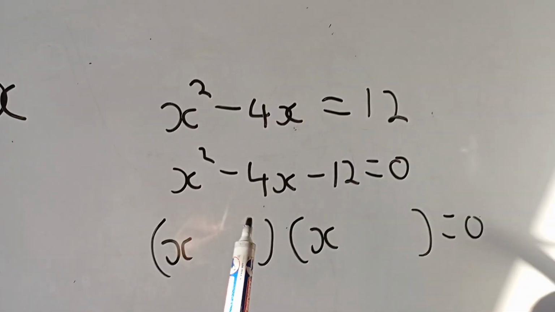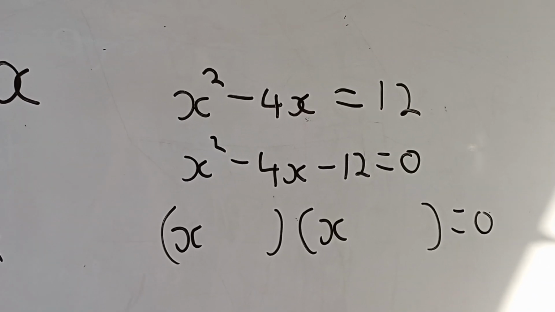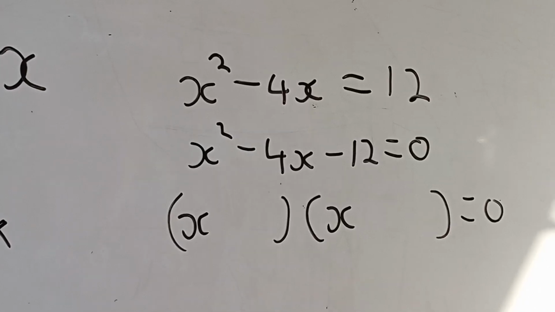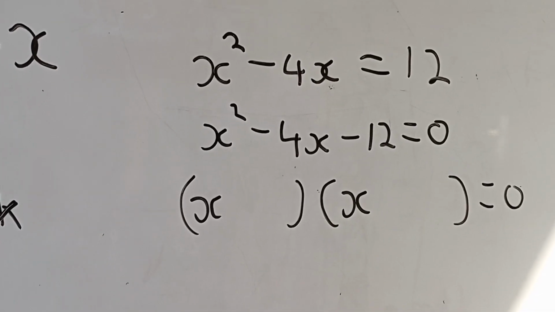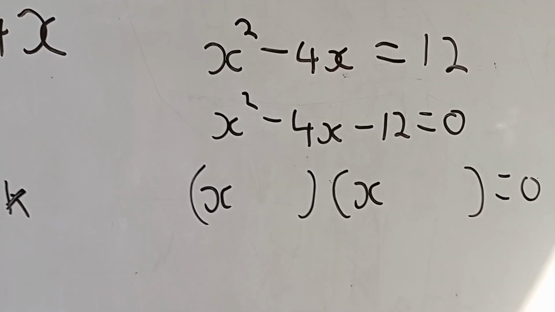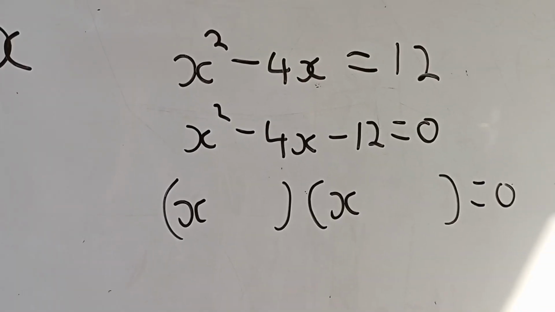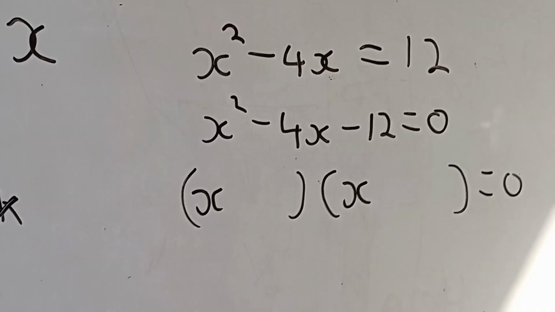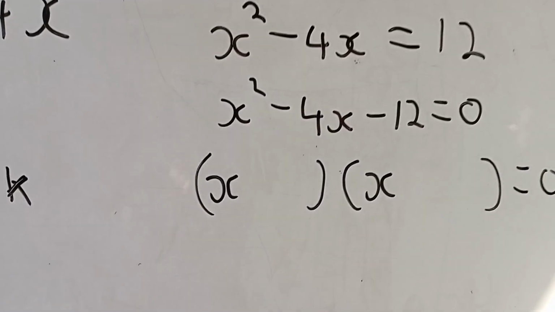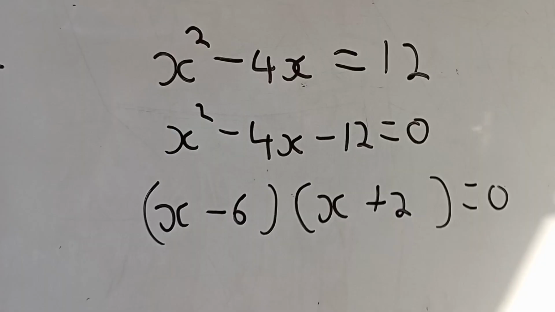We need factors of 12 that will give you minus 4. So 6 times 2 is 12. Right. 6 minus 2 is 4. So we can have minus 6 plus 2.